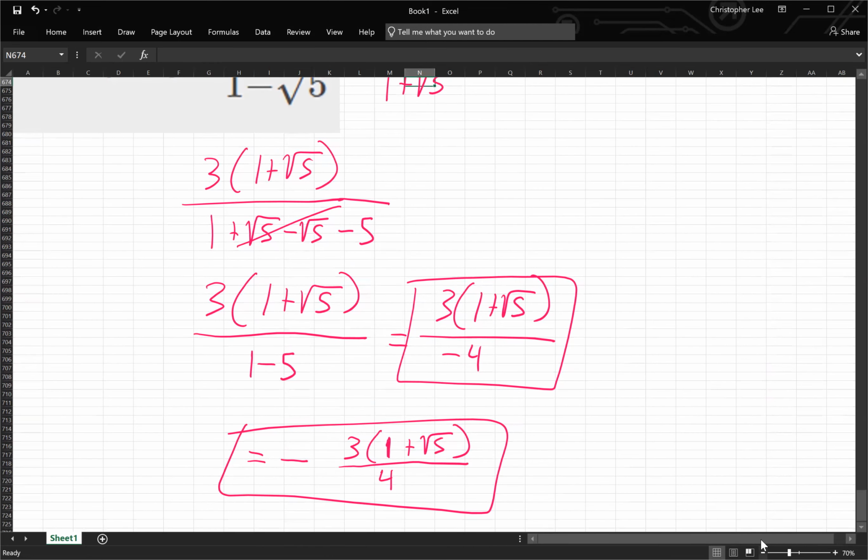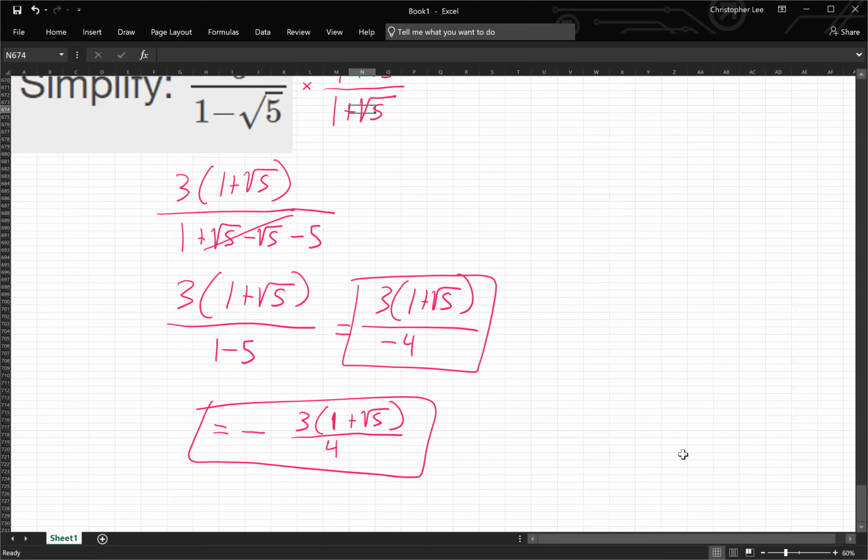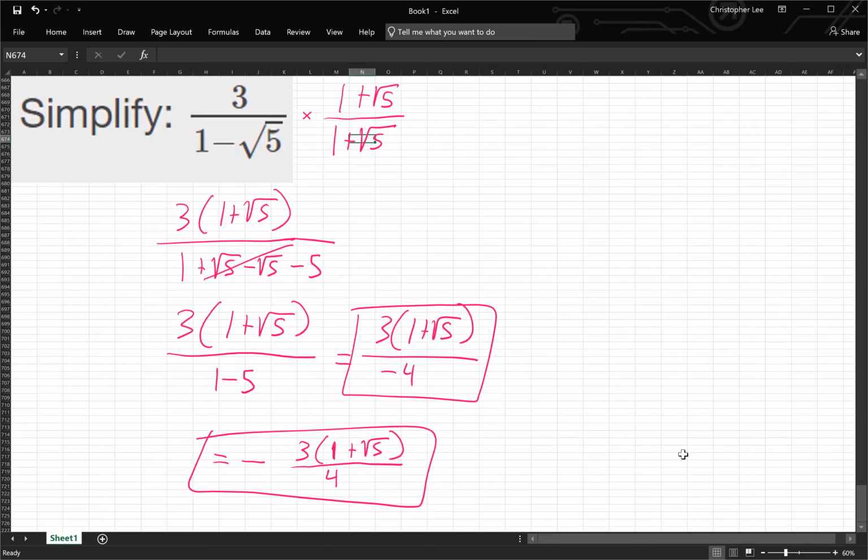Because I want to reduce it, so I can leave it like that. If you want to distribute it, be my guest. But you can reduce that. Like you can leave it as this because it's reduced. Yeah. I feel like it's easier to just put them next to each other. Just showing you options.